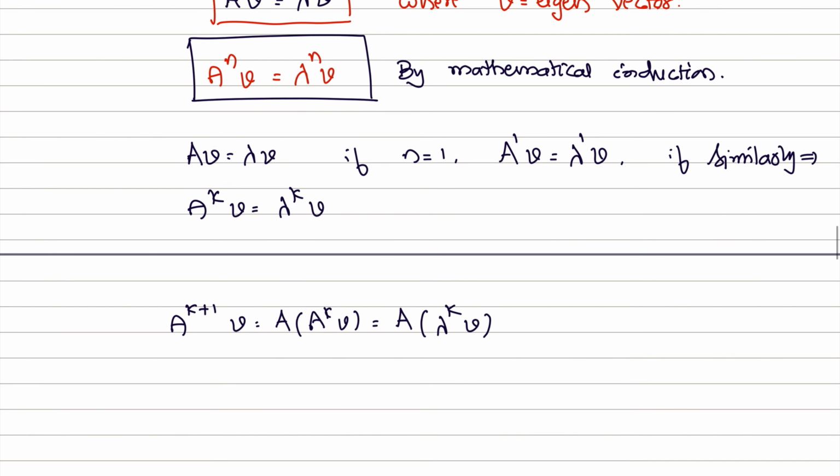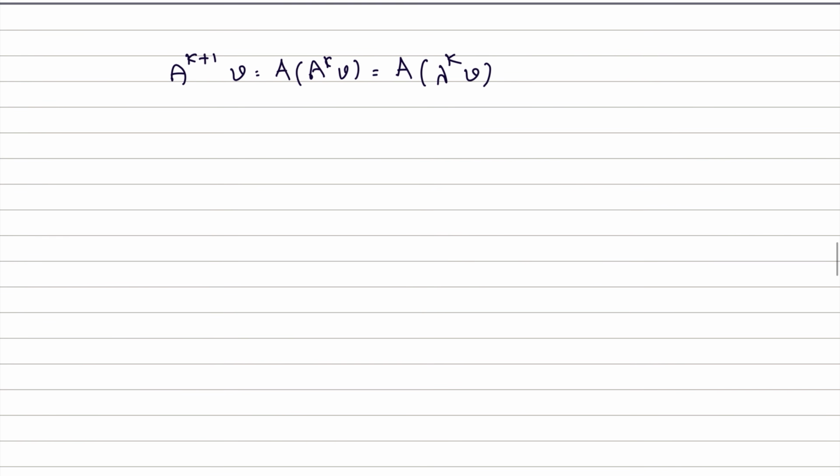A to the power of k plus 1 into V is equal to A into A to the power of k into V, that is equal to A into lambda to the power of k into V, because A to the power of k V is equal to lambda to the power of k V. That is equal to lambda to the power of k into AV, that is equal to lambda to the power of k into lambda V, that is equal to lambda to the power of k plus 1 V.